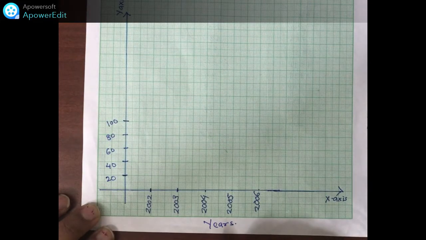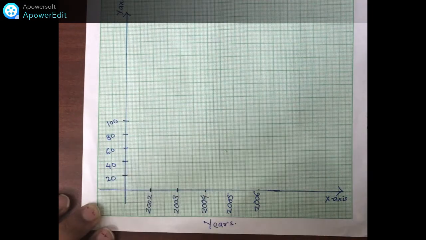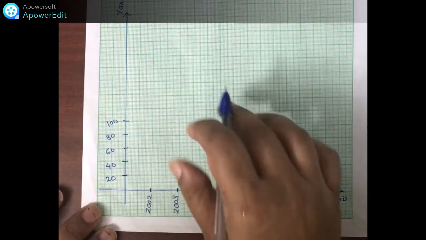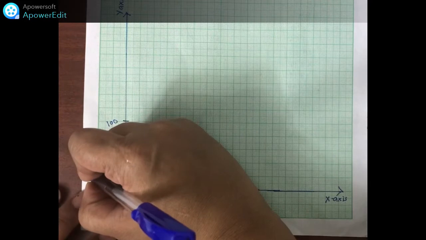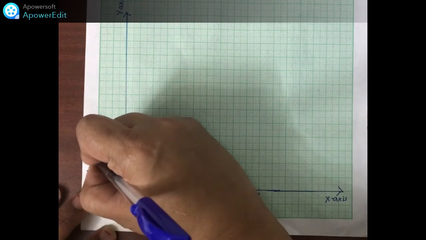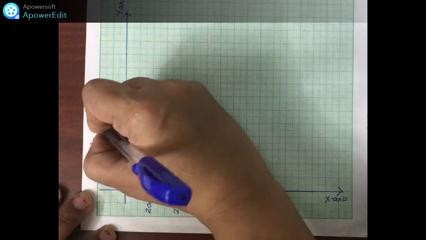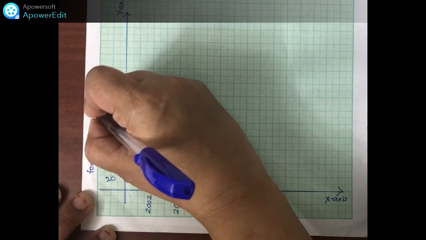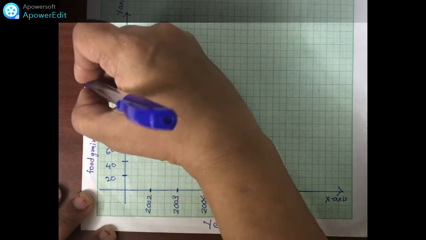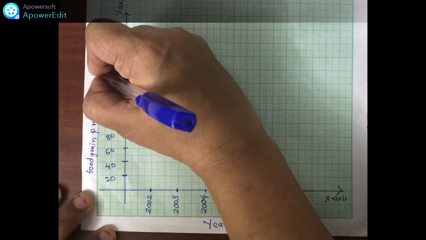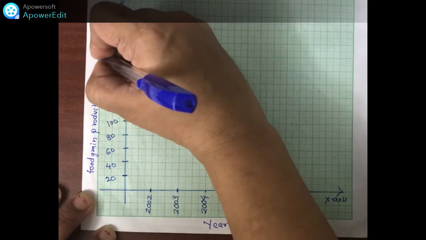So we have taken the interval of 20 each over here, and we have written the values from 20 to 100, and labeled the y-axis, that is food grain production in million tons.